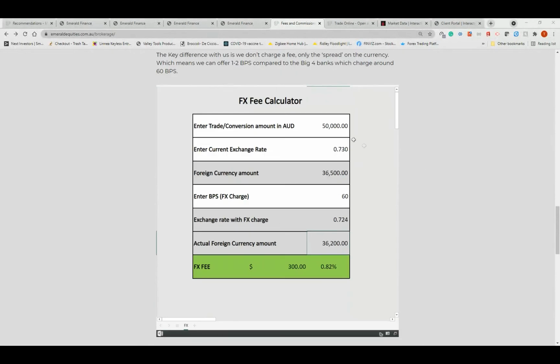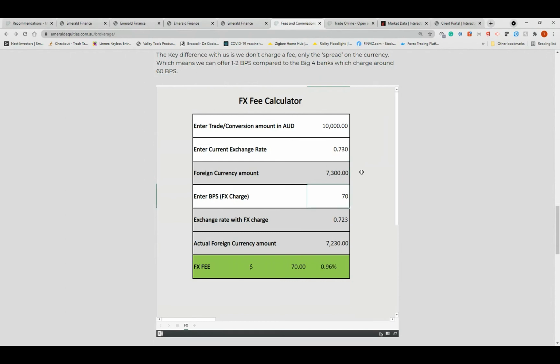Let's compare. If I come down here, we've got an FX fee calculator. Let's just say you're going to do a $10,000 trade. The currency, I think it's a little bit more than that right now, but let's just leave it there. That doesn't matter too much. They're charging 70 bips. So what does that mean, really? Well, that $10,000, if you got the exact currency rate, which we'd almost do with us, you'll get 7,300 USD to trade with out of your 10 grand.